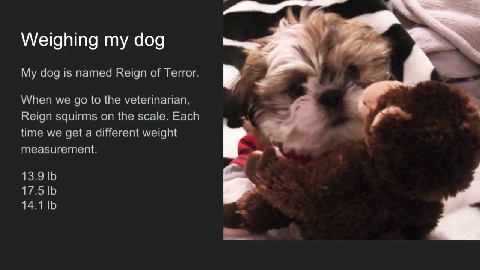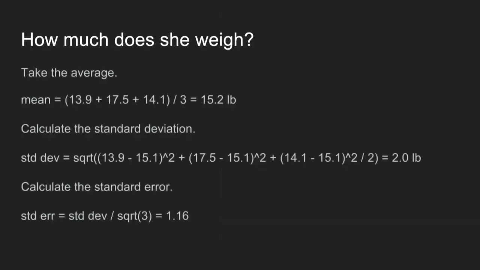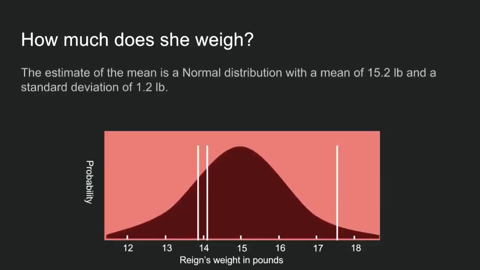So if you've ever taken a statistics class before, you know you can take these measurements, add them up, get the average, 15.2 pounds. You can calculate the standard deviation of these three measurements and also the standard error and come up with a 1.16 pound standard error, which when you show it graphically, this red curve now shows the belief that results from those three measurements, the distribution. The peak of that hill is at 15.2 pounds, and one standard deviation on that curve is our standard error of 1.2 pounds.